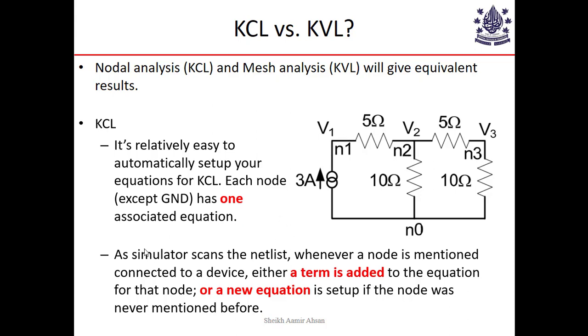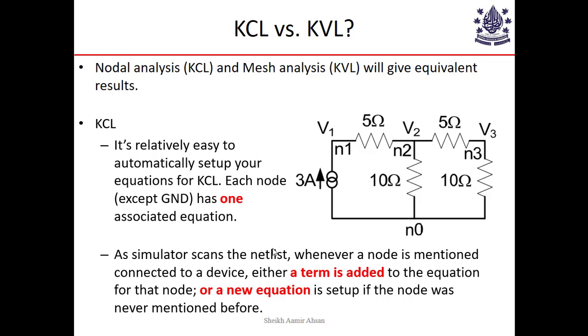And how this simulator, SPICE, basically handles this kind of situation is that SPICE scans the netlist from top to bottom. We did discuss the SPICE netlist in our previous videos.